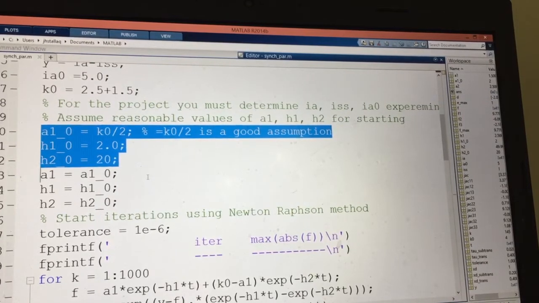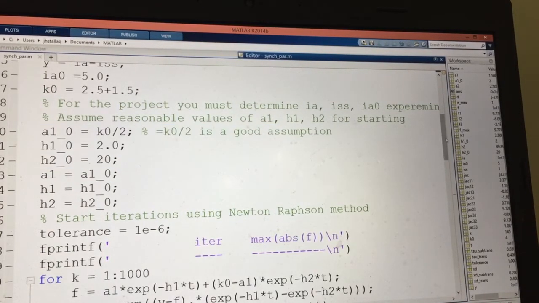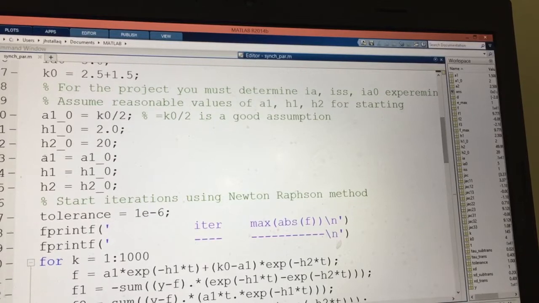Sometimes you may not get exactly a good answer from the previous method. Nevertheless, it will be a good start for this method. The results you obtain from there, you can use it in this program to fine-tune A1, H1, and H2.